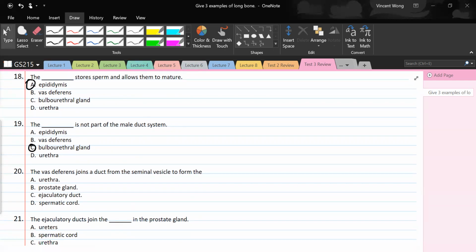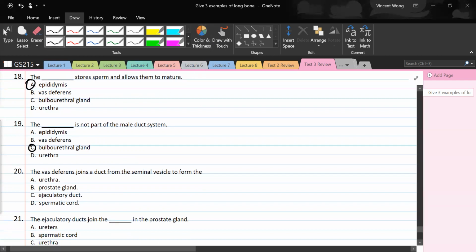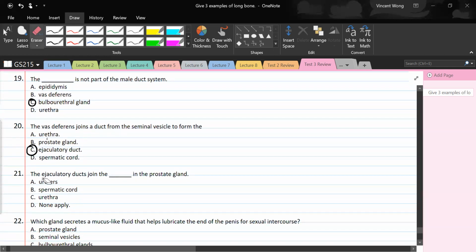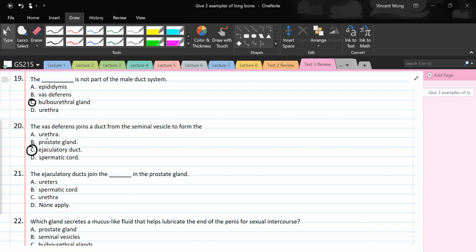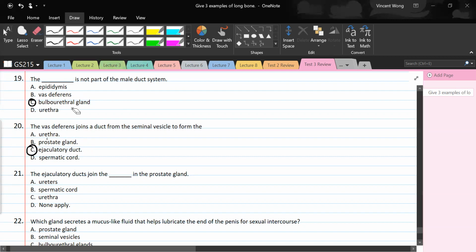The vas deferens joins a duct from the seminal vesicle to form the ejaculatory duct. You can see the diagram that we labeled before. The ejaculatory duct joins, this is like the same thing, just further down, joins the urethra in the prostate gland.